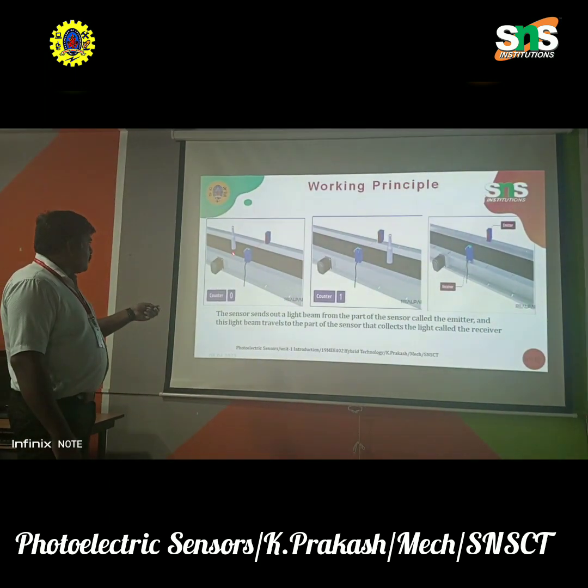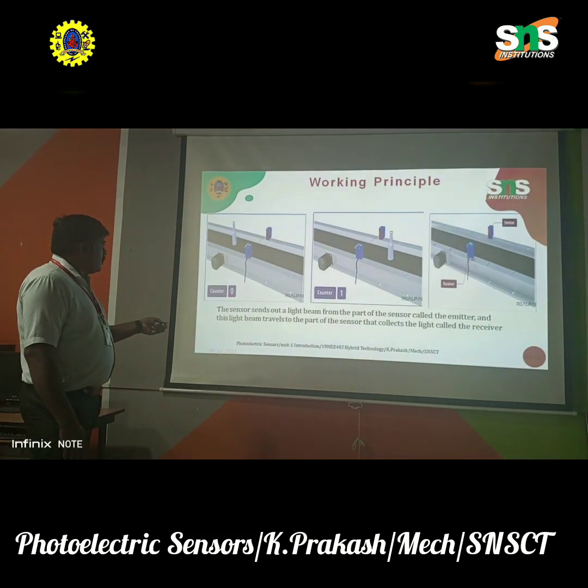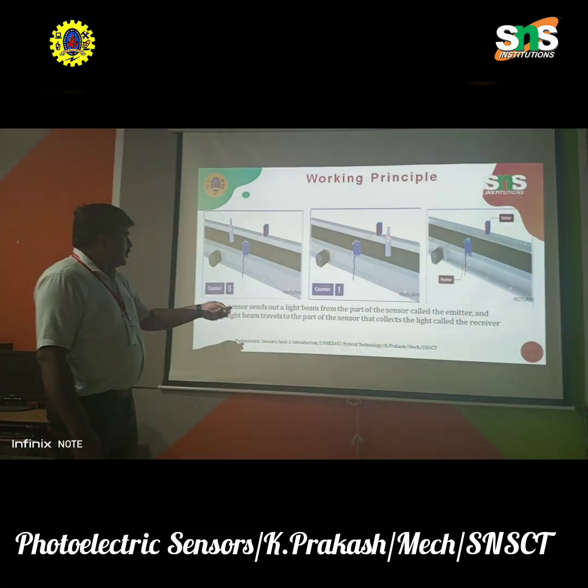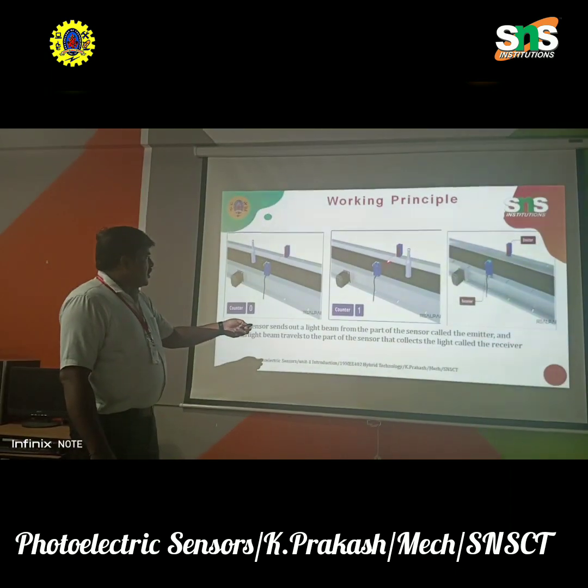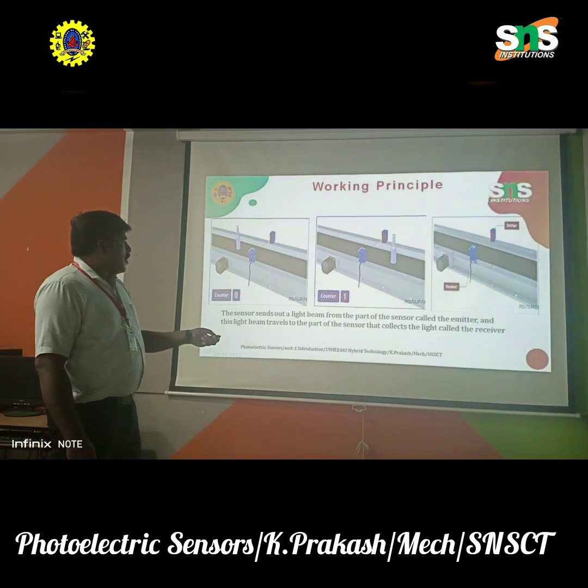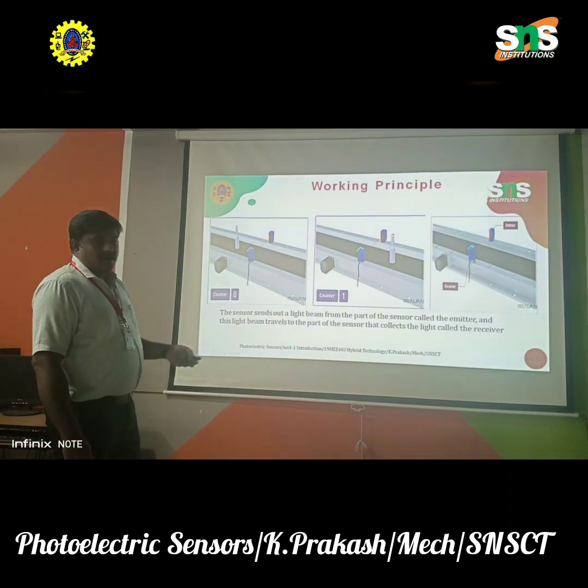So initially, from this position, the count is 0, but when this bottle crosses here, it causes an obstruction, and then the count becomes 1.